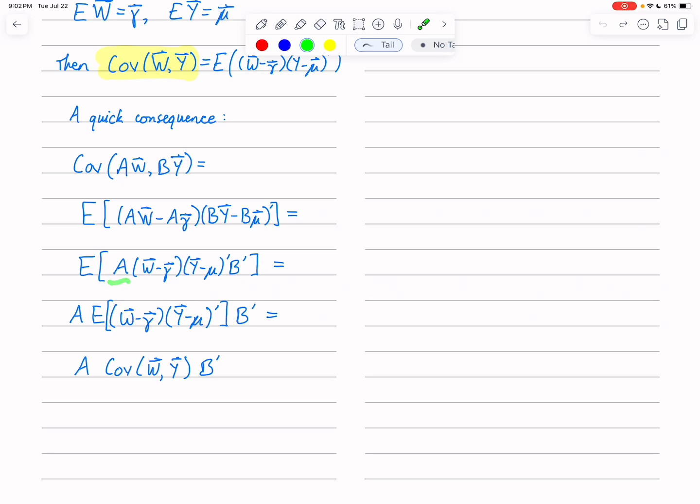A is a constant matrix, so it can move to the outside on the left. B prime is also a constant matrix, so it can move outside. What is left over turns into the covariance of W and Y, and there's the proof.